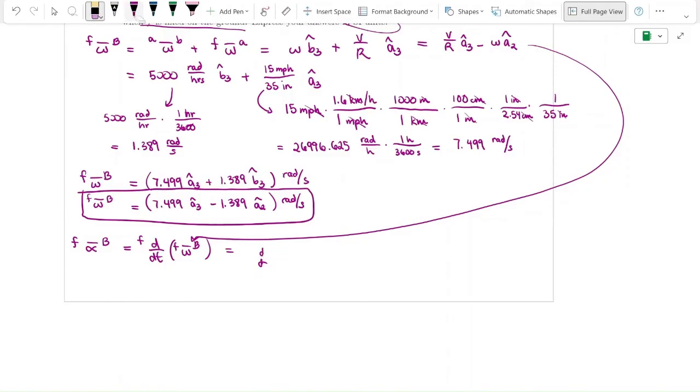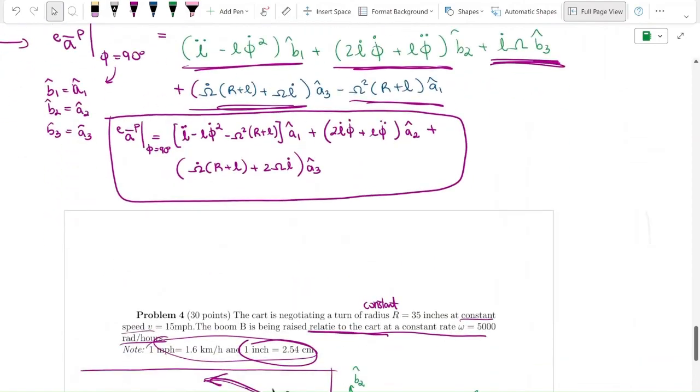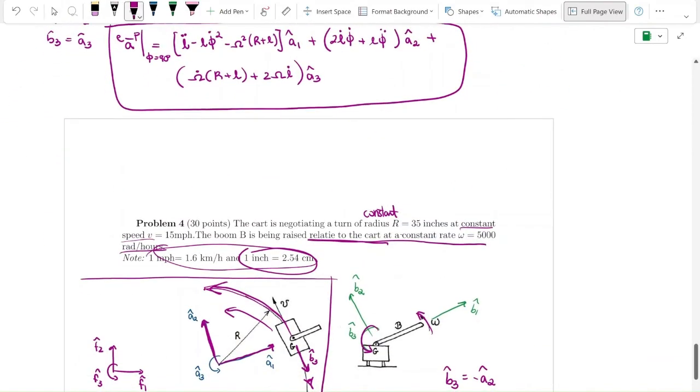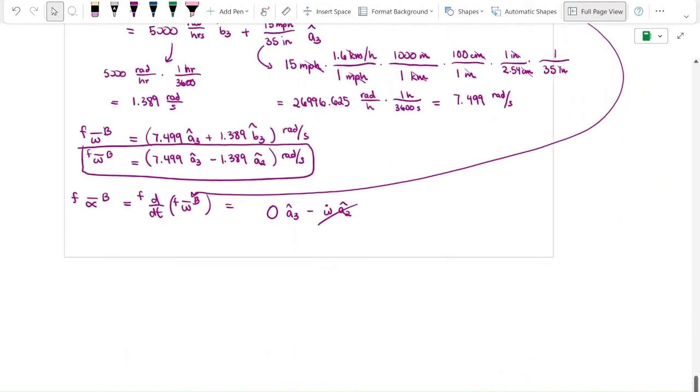How do I write this cleanly? So this is equal to 0. And then we have minus omega dot A2 hat. And omega dot is also going to be 0 because it says constant rate omega. So this is 0.